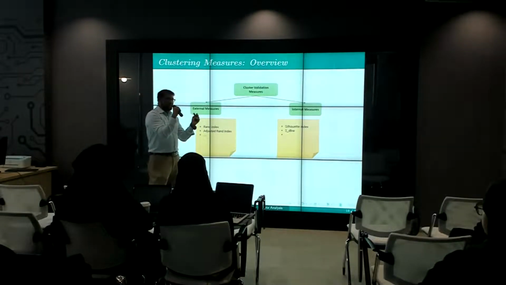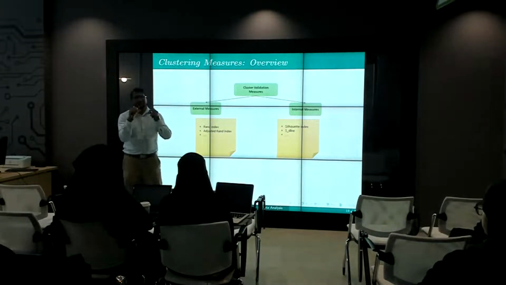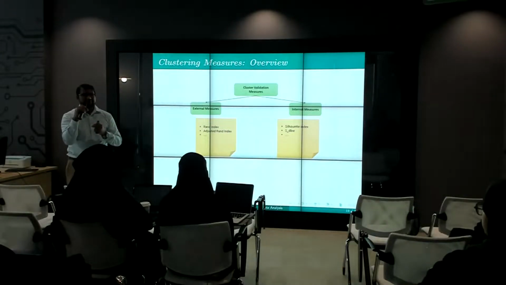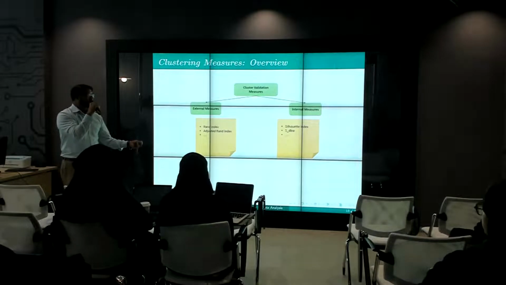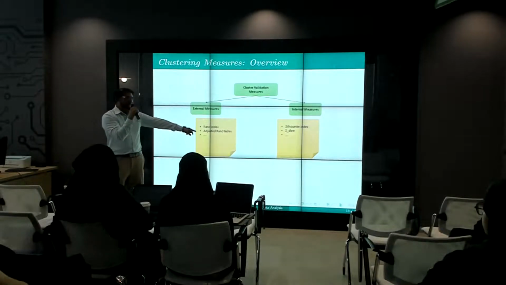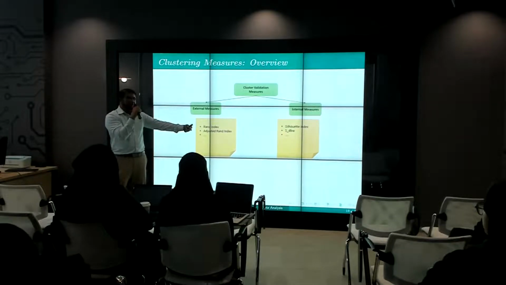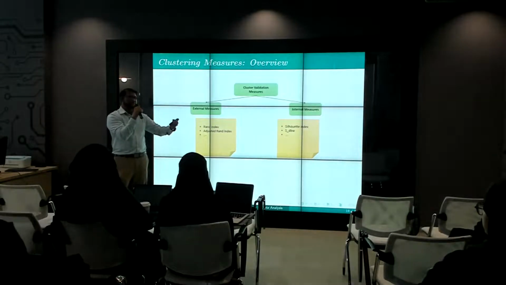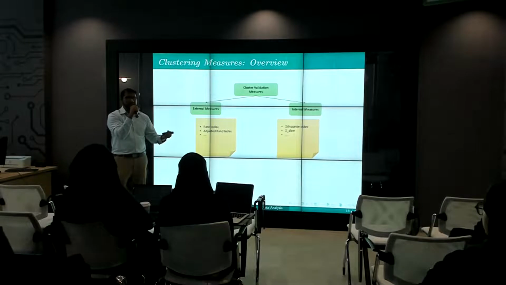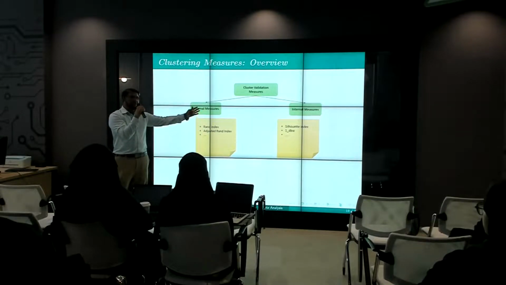If you know those classes, then you can use the external measures. So it's like starting with something and then coming to the same reasoning at the end, which is not the best. But still, people try to use it, especially if you build a new algorithm and you know what the classes are. You would like to see if your algorithm is doing the right thing or not. Then you can use these measures, and all those measures are called external measures.